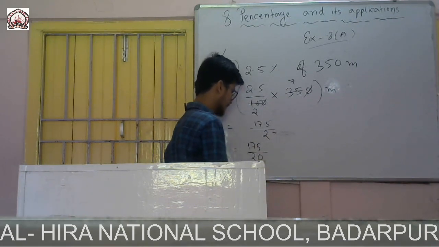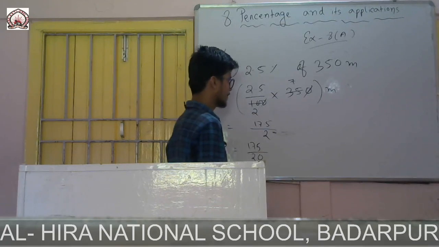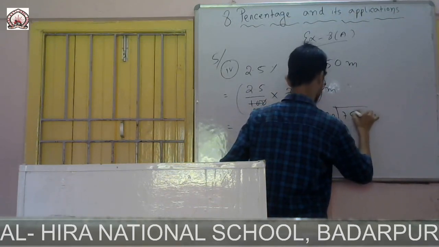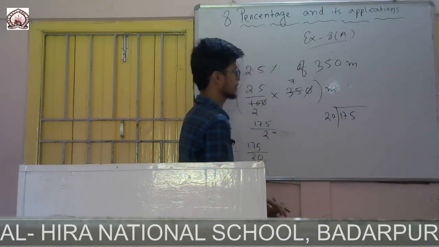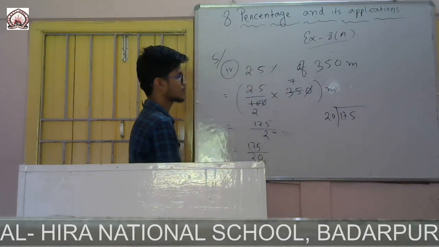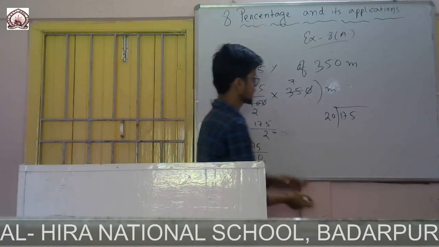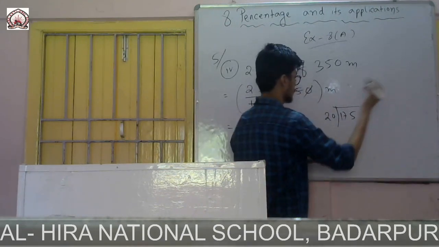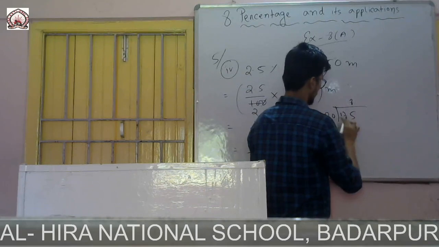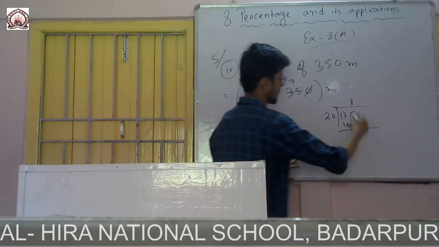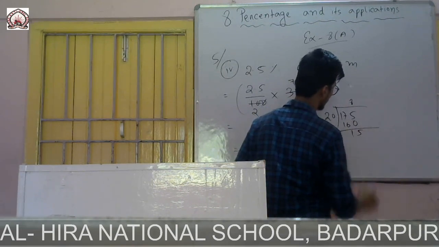So if I divide 175 by 20, okay, you see how many times? 20. It will be, I think, 8, 2 eights are 16. That means 160. They are left 5 and they are left 15.